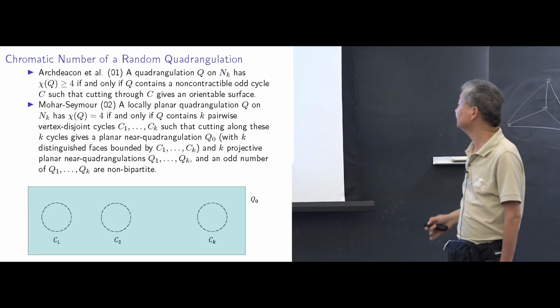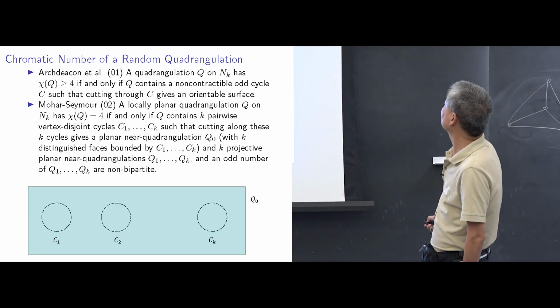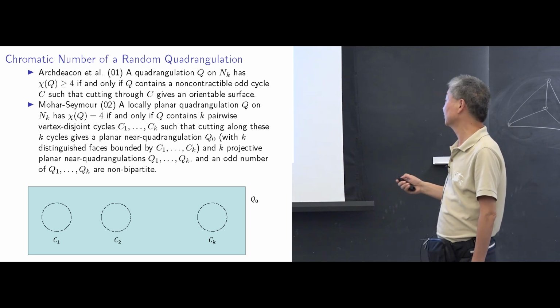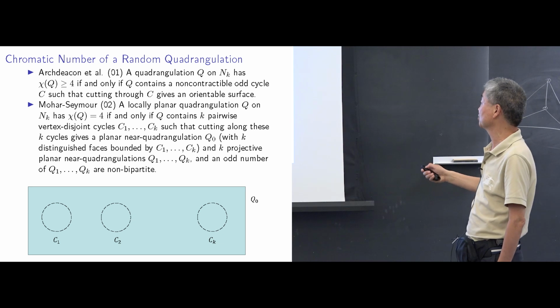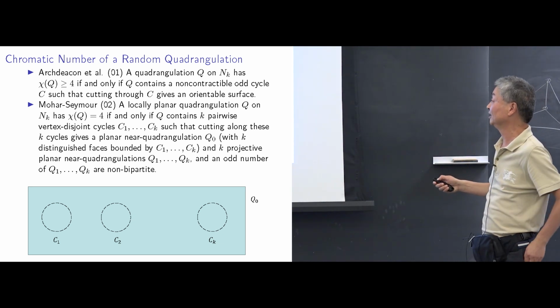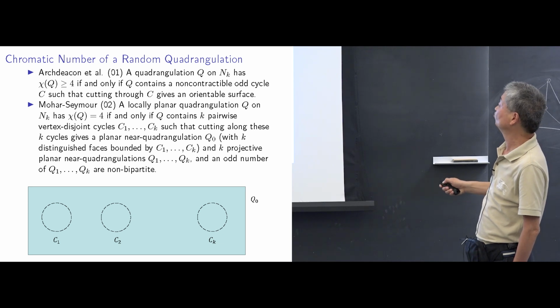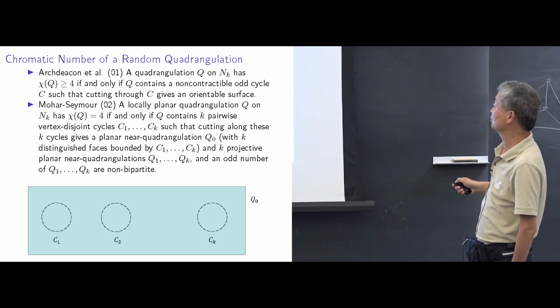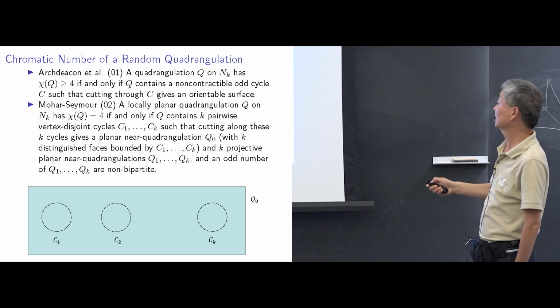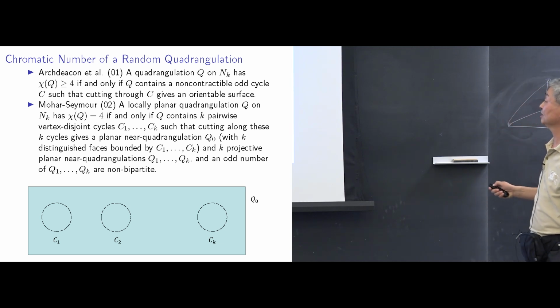But of course, there are different characterizations of what kind of quadrangulations require 4 colors. We're talking about locally planar, and there's a characterization and a second characterization here by Mohar and Seymour.